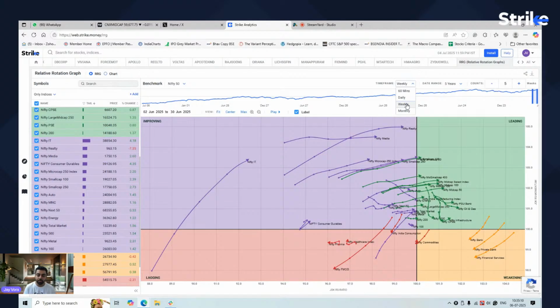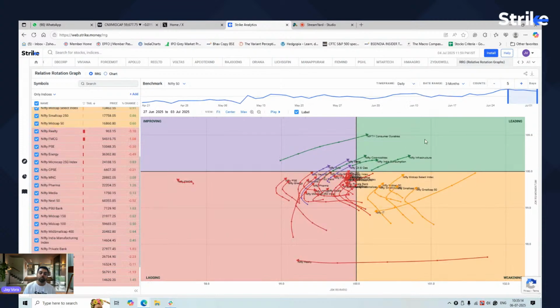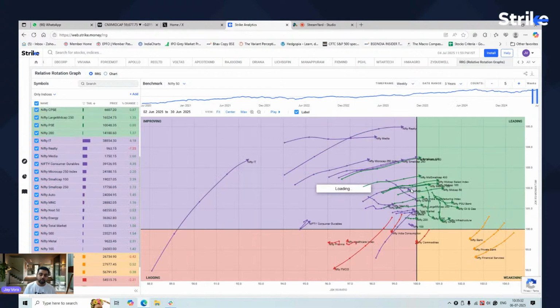When you come to daily, if it is cutting into leading and that up move has to sustain, it might take roughly around 2 to 3 weeks of time. So the signals on the daily basically work for 2 to 3 weeks, the signals on the weekly will work for 2 to 4 months, and monthly is very, very long.